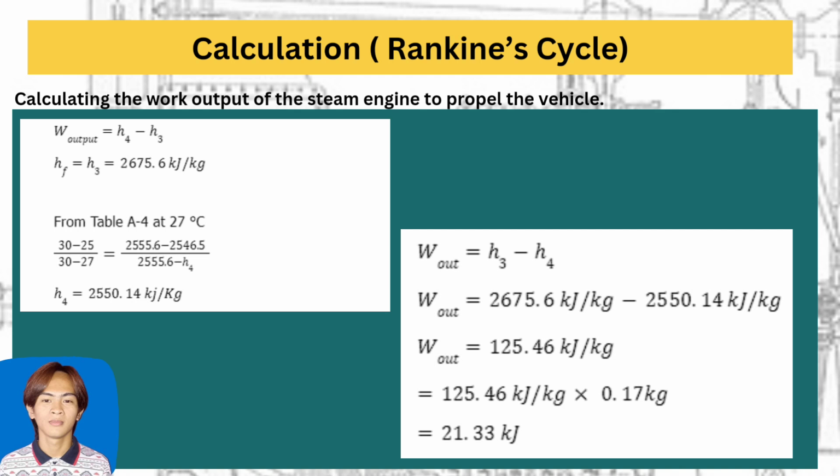But we want the value in kJ, so we need to multiply by the mass of water that we use in our boiler, and we will get work output equal to 21.33 kJ.